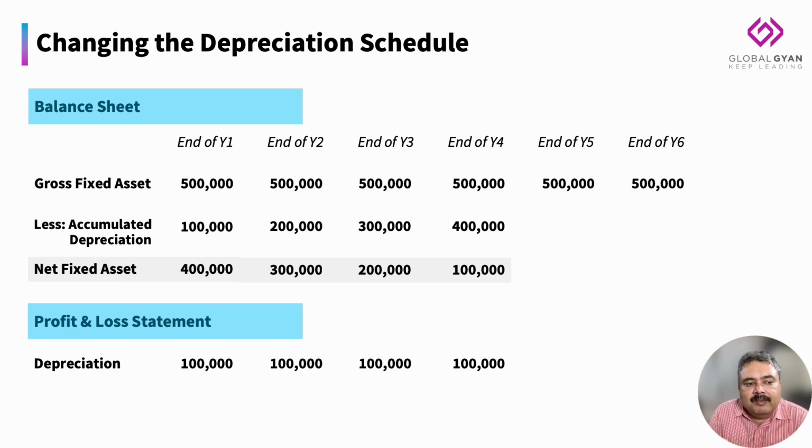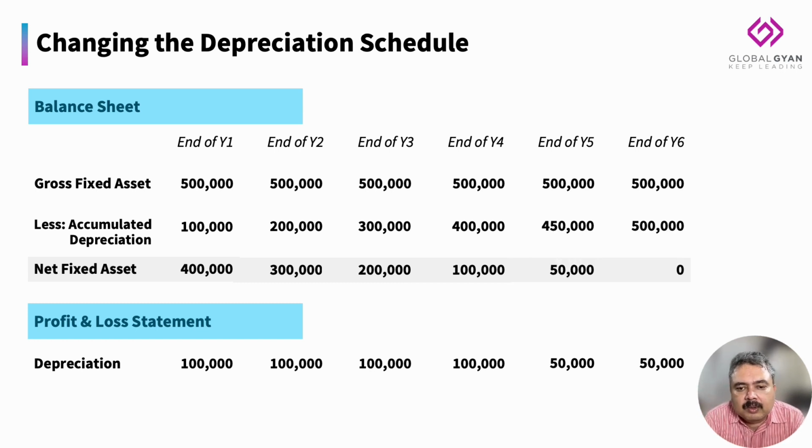Because now you believe that it has 2 more years of life and the current value of the asset is 100,000, you will now divide this 100,000 by 2 years, and therefore you get a depreciation of 50,000. So annual depreciation reduces to 50. Instead of doing 100K in year five, you now split it over those 2 years. You could split it over 3 years or whatever the case may be.